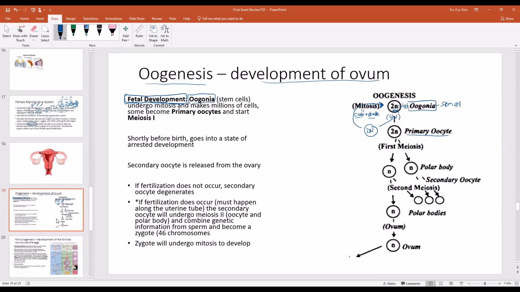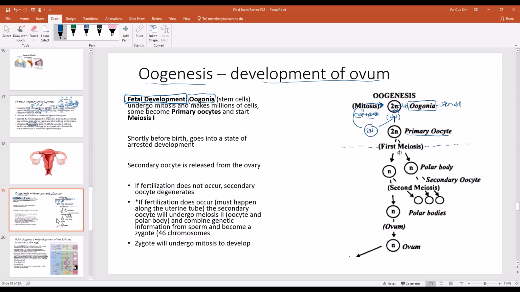Now, at this point, once it's made enough primary oocytes, the primary oocyte will start meiosis 1. In the past, we called it the first meiosis, but it really is just meiosis 1. Can someone remind me what happens in meiosis 1? You divide.